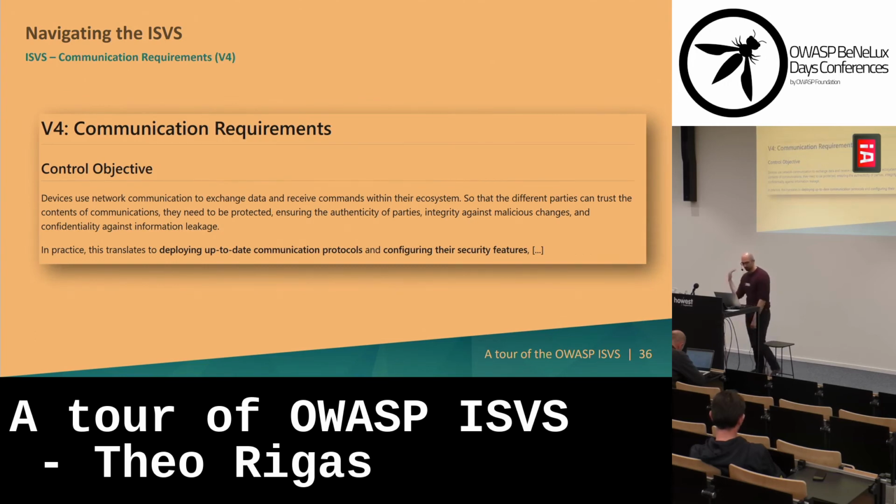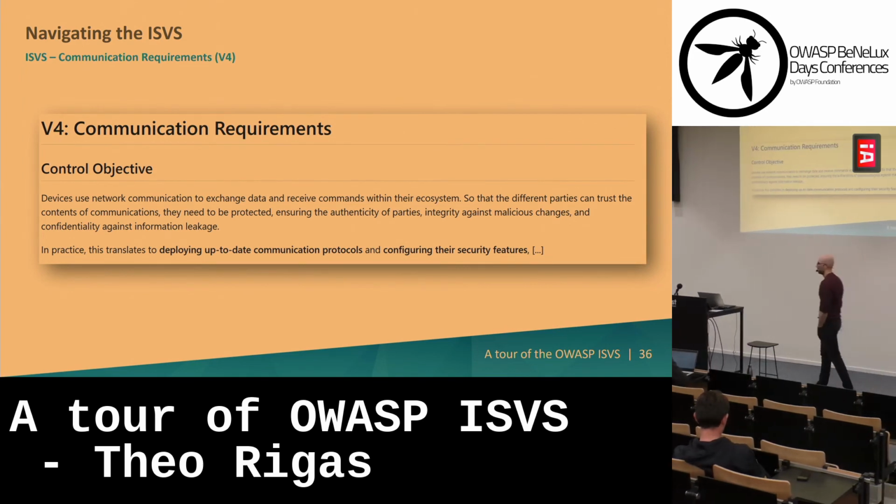So this is covered in chapter 4 of the ISVS, communication requirements. Chapter 4 has a part about general requirements, which basically say, okay, first of all, use encryption, and then preferably TLS, if it's a protocol that's supported by TLS, and then configure your TLS correctly. And then the next sections are protocol specific.